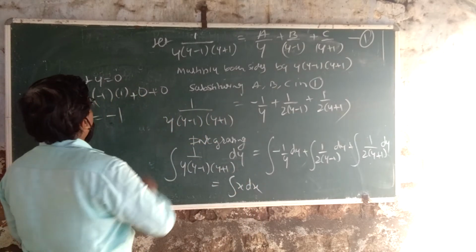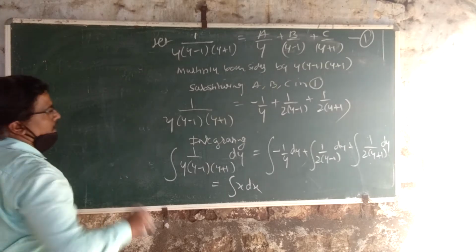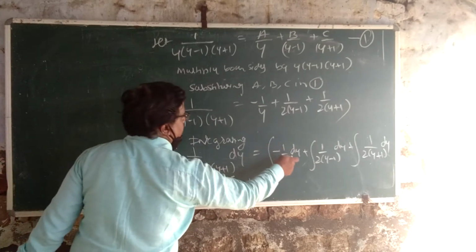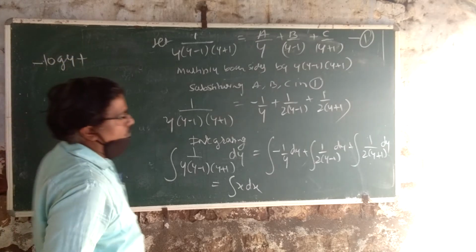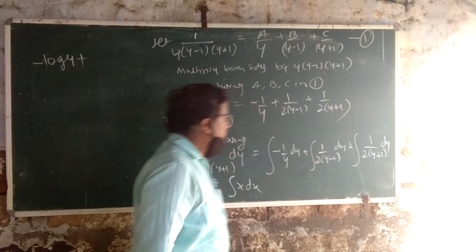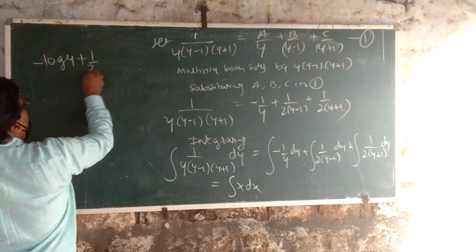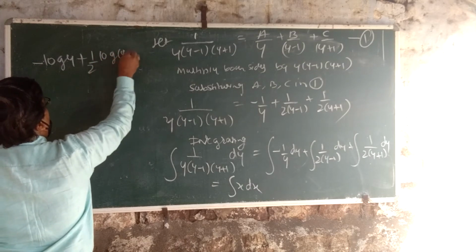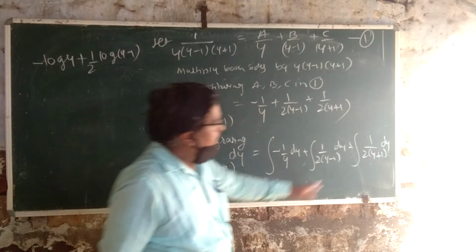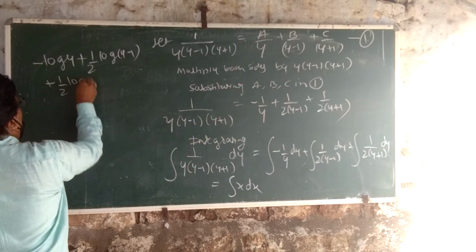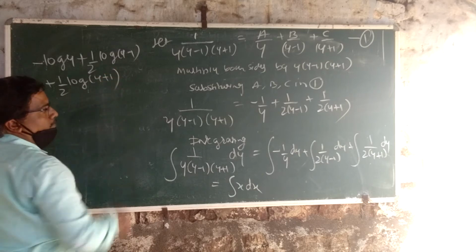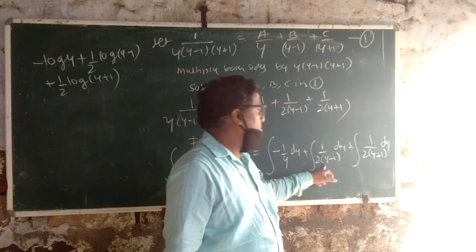Okay, so now this gives, its integration is minus log y, and here its integration is plus 1 by 2 into log of y minus 1, and here its integration is plus 1 by 2 into log of y plus 1.